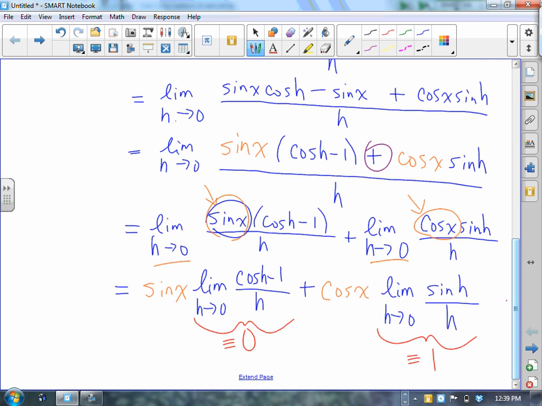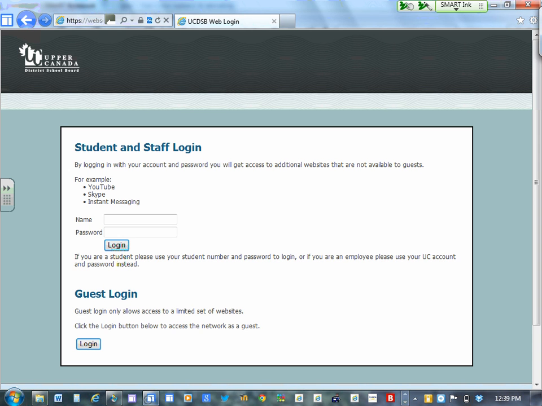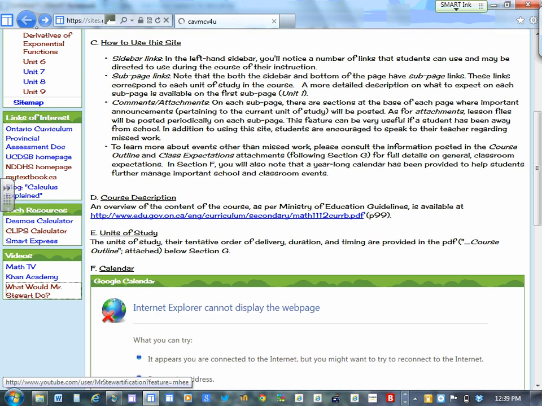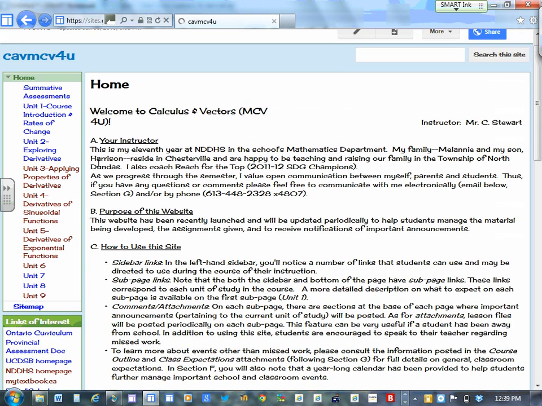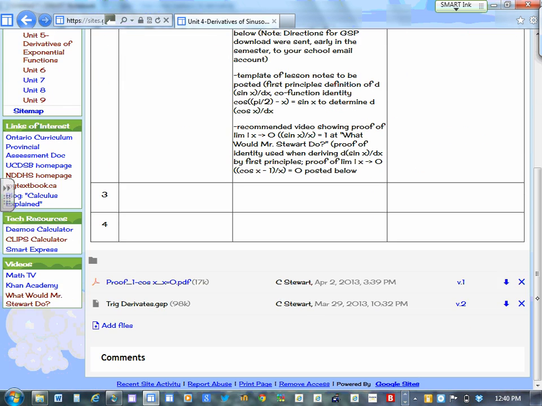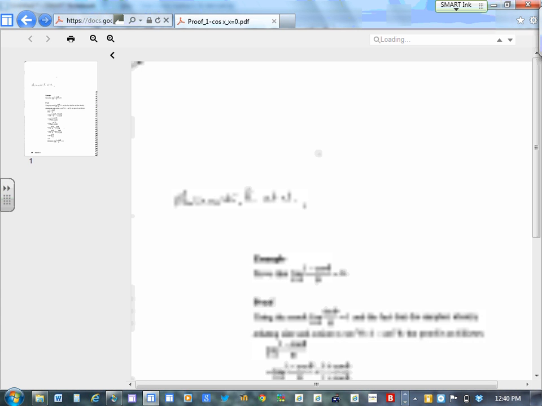Another proof, in the event that you need it, is for this one here. So you're going to see that also at the course website. So I'll take you back. There is a document on the Unit 4 subpage, right here, that shows a proof of that particular theorem.